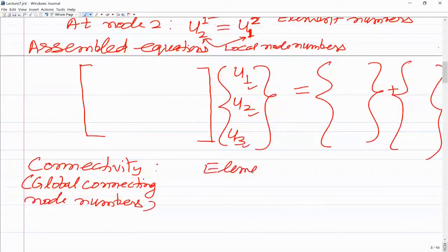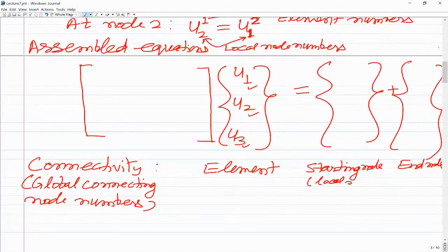So let us put the element number here. There are two things: starting node and end node, because right now it is a two noded element. This is basically local node 1, and this is local node 2.